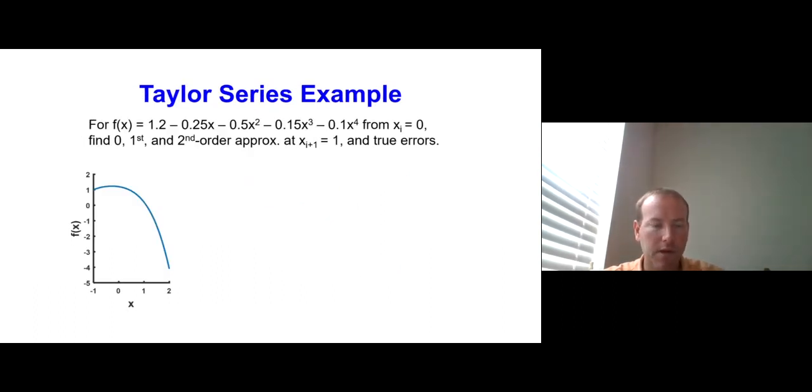Okay, so let's now, as an example, look at this fourth order polynomial and use what we've learned so far to make different approximations of that. As a reminder of our Taylor series formula, I put this at the top of how to predict the next values of f.